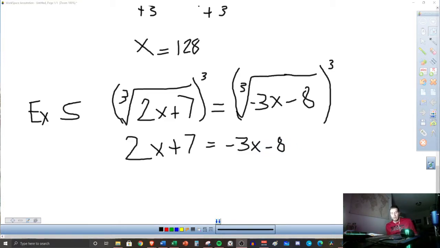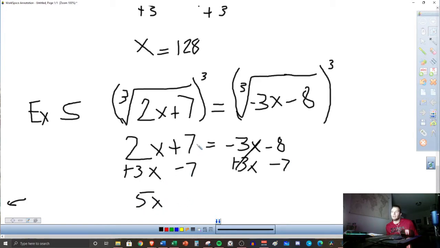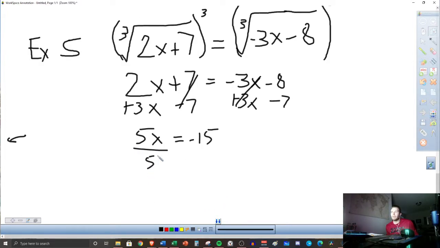What I would probably do is add 3x to both sides. I would get rid of this, and then I'm going to subtract 7 from both sides. So this gets me 5x equals negative 15. Then I'm going to divide by 5. This goes away, we get x equals negative 3.